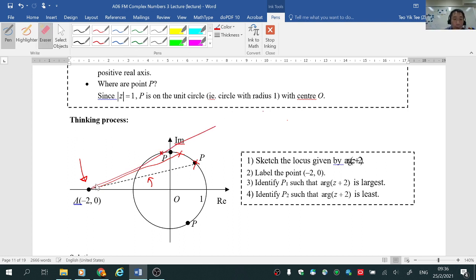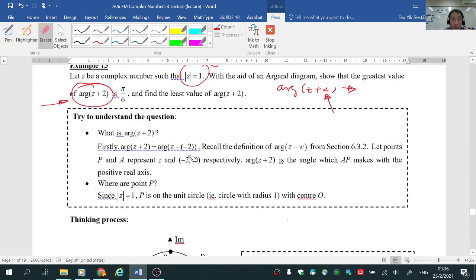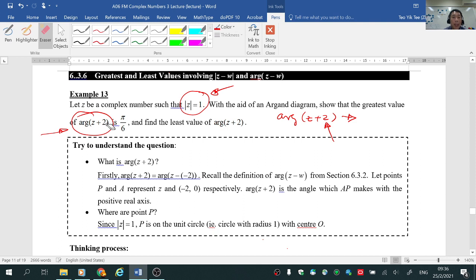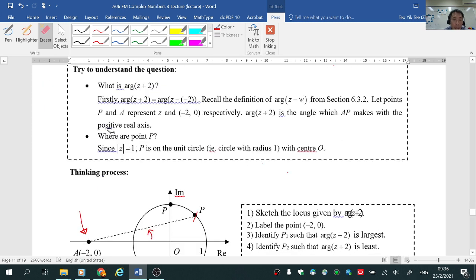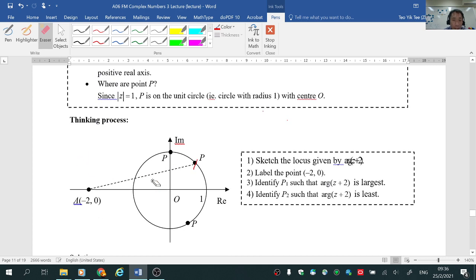I repeat again, argument of z plus 2 basically means the angle that your complex number z makes with a positive real axis as measured from the point minus 2.